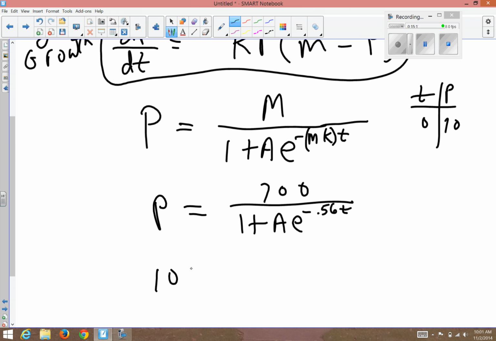Replace P with 10. We're doing this so we can find this A. So it's A times E to the 0, because P is 10 when T is 0.